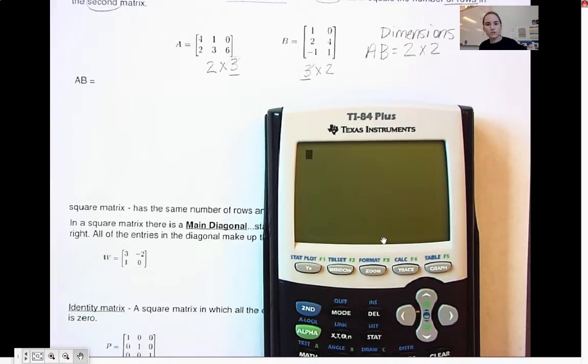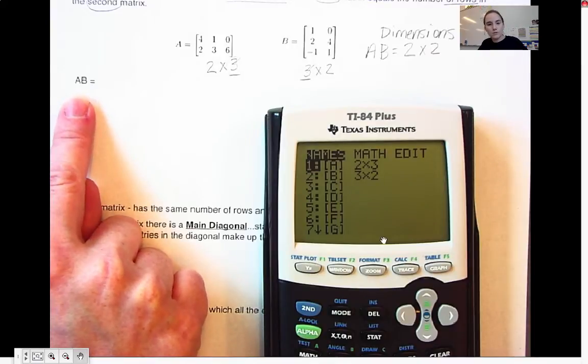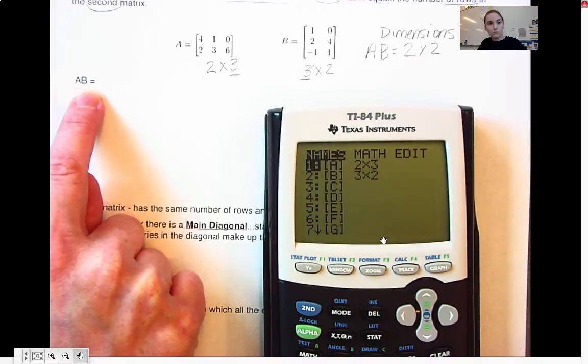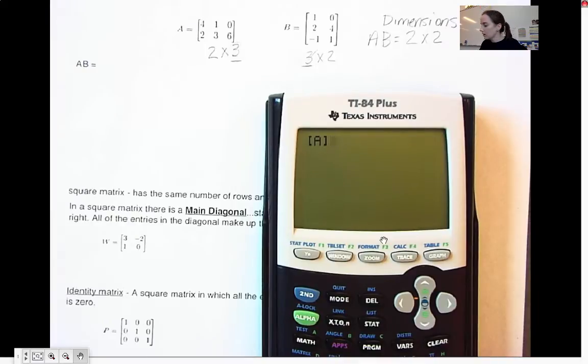Now that we have matrices A and B put in, let's go and get those matrices. You do not have to put the multiplication symbol between them, because just like in math, if you have 3x, that means 3 times whatever the x value is. This AB means matrix A times matrix B. So in my calculator, I enter matrix A, go and get matrix B, and then press enter, and there is the multiplied matrix.